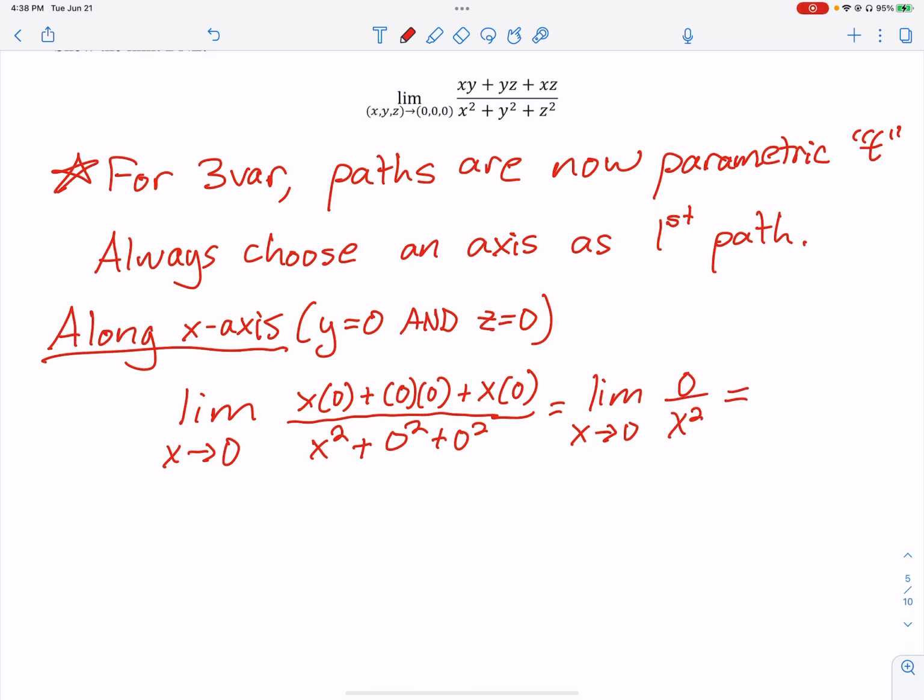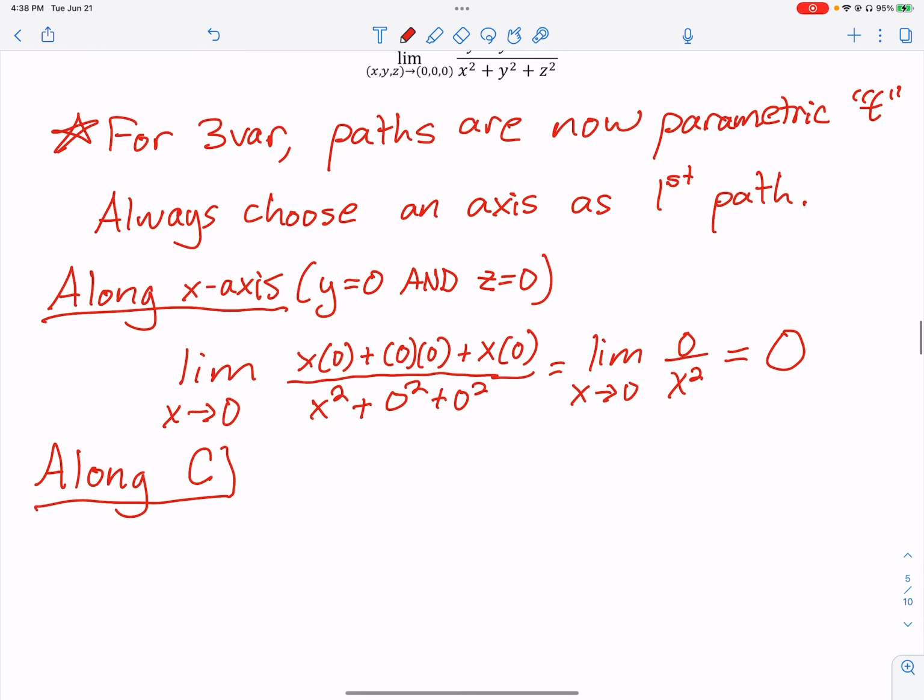We can use L'Hopital's, or we could simplify to get a 0. All right, so that's along the x-axis. We always want to use one axis first, and you just let the other two variables be 0. Think about why that's true. Understand why that's true. All right, we're going to call this path C.